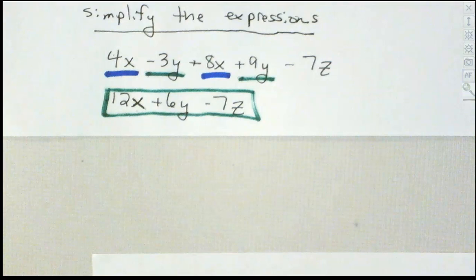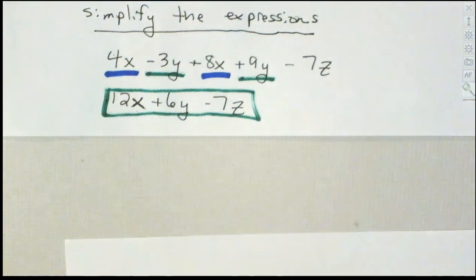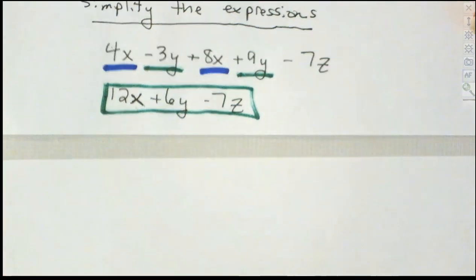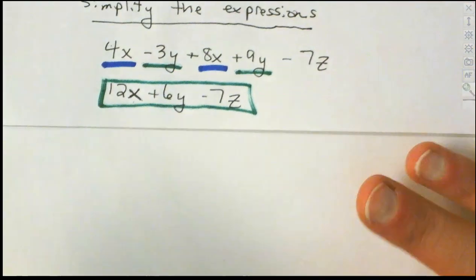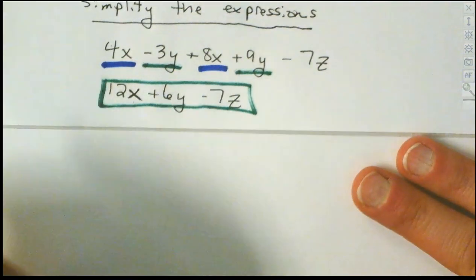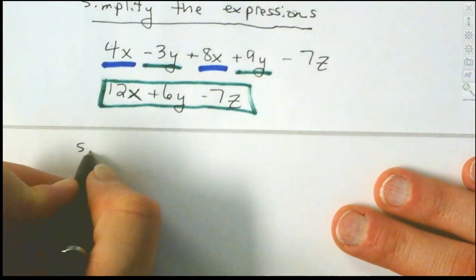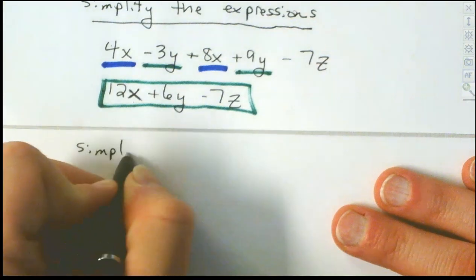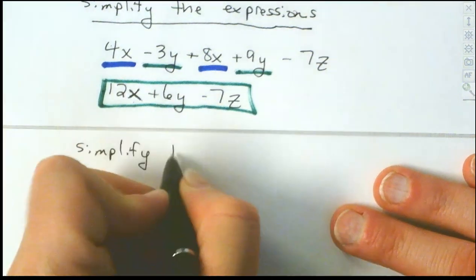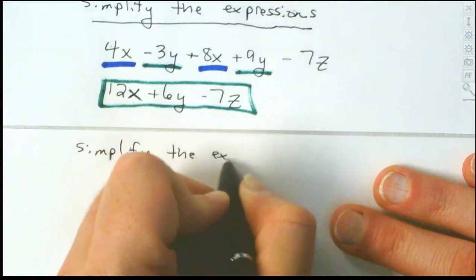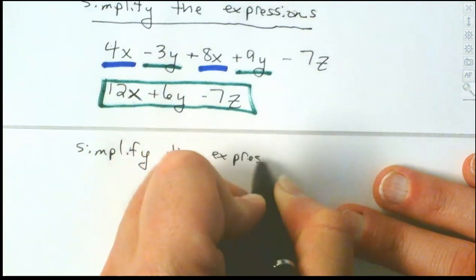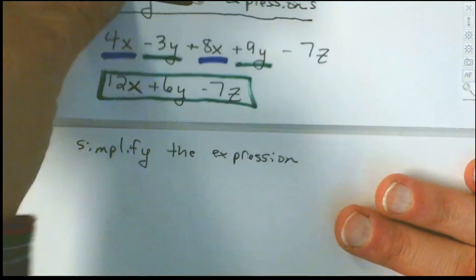So let's try a couple more of these. The next one we're going to have to use the distributive property. So again, simplify the expressions. I'm just writing the directions again because they're on different pages. So we're going to simplify down the following expressions.